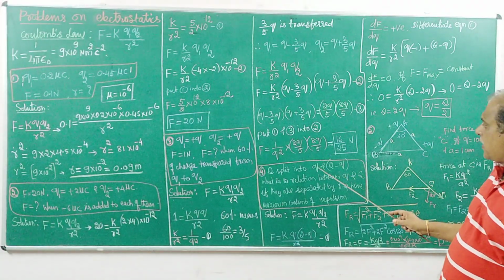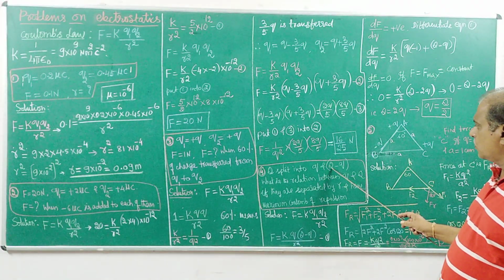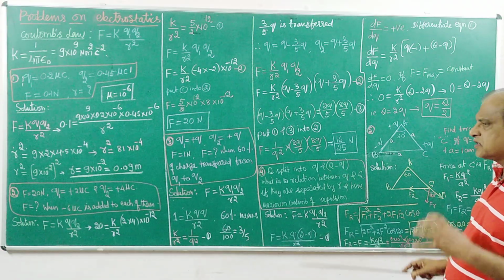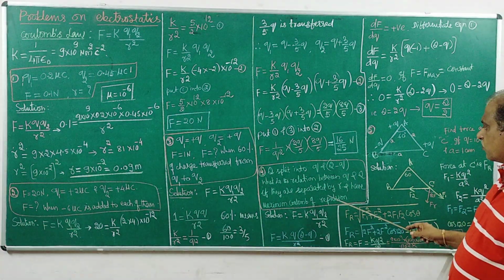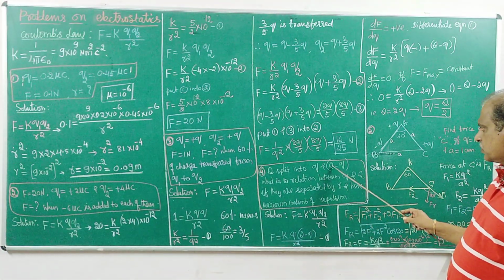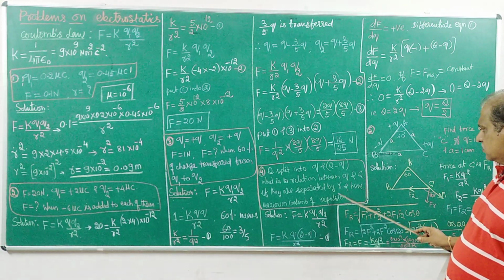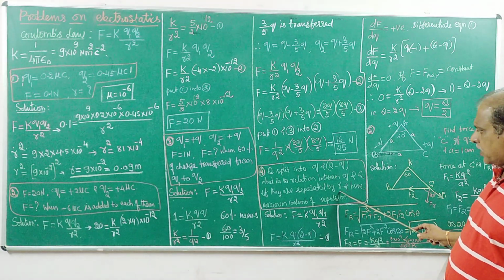So what is the value of Q and what is the value of q after the separation, which experiences maximum electrostatic force? That is the repulsive force, because both of them are positive. That is the problem I read.